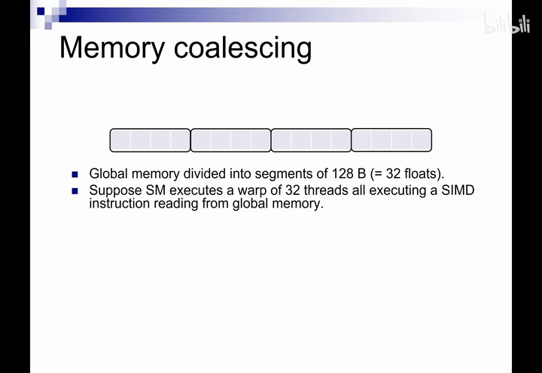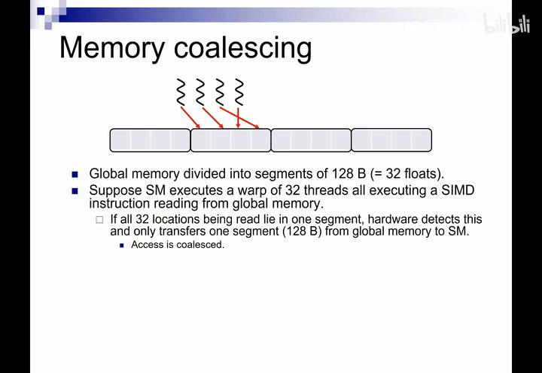This SM is doing a warp of 32 threads, and they're all executing a SIMD instruction, and let's say that this instruction is to read from global memory. Now let's look at where these threads are reading. The global memory is divided into these segments of 32 values.